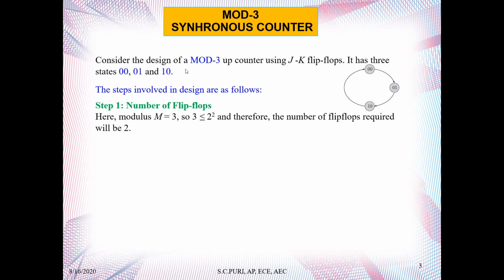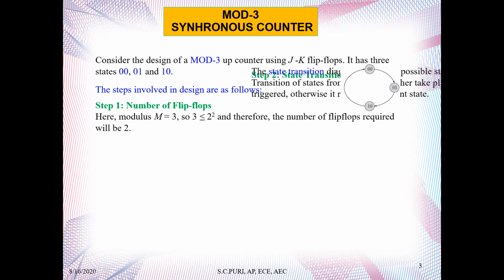So for 3, we should go to 4, which is greater than 3. This condition is valid only if n is equal to 2. That is, the number of flip-flops required will be 2. So that is the first step.